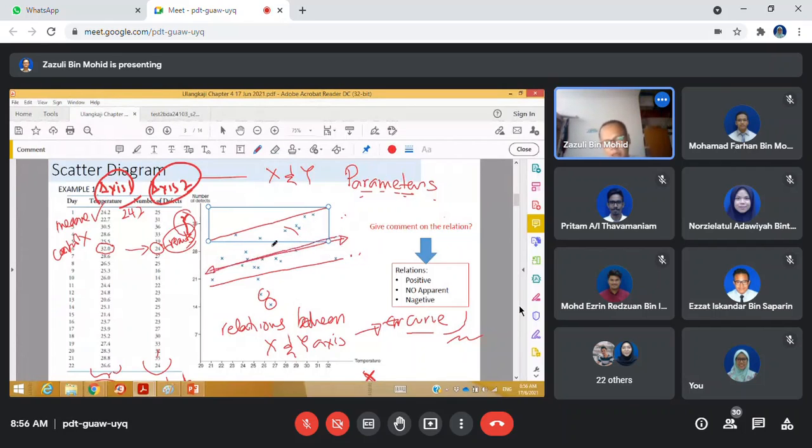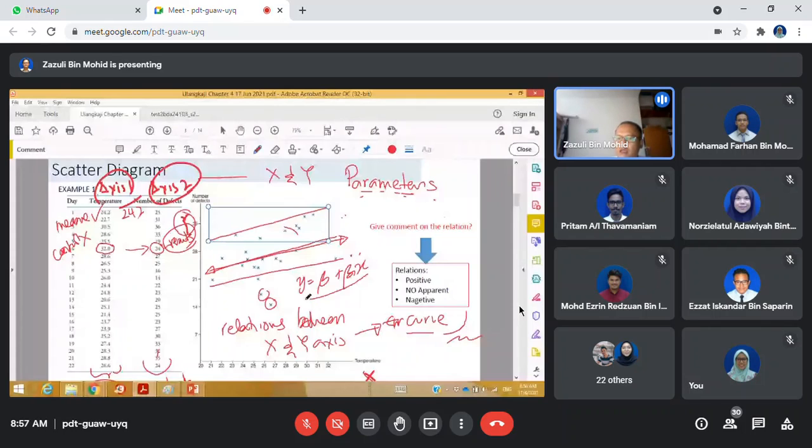But in chapter 5, you already learned about linear regression. Actually, we can calculate this data to get the equation y equals, if I'm not mistaken, b plus this. Okay, you can have this equation.